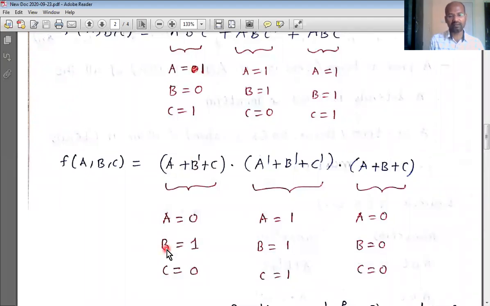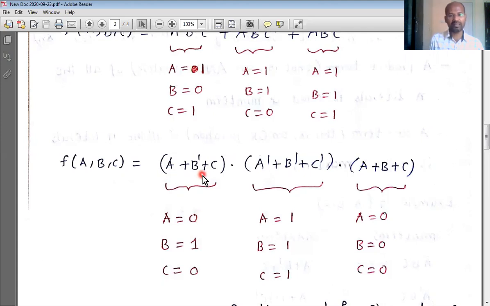What is the requirement for b? B equal to 1, only then b bar becomes 0, and c equal to 0. Why b equal to 1, not 0? Because b is in complemented form. So for a equal to 0, b equal to 1, c equal to 0, this max term becomes 0.